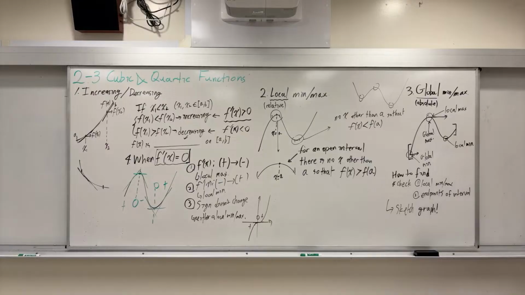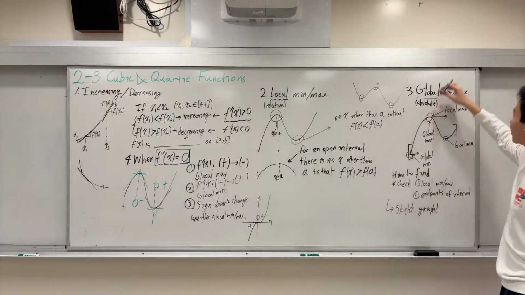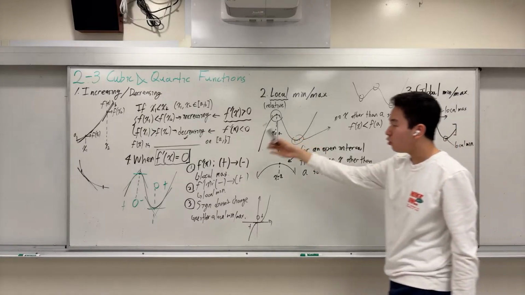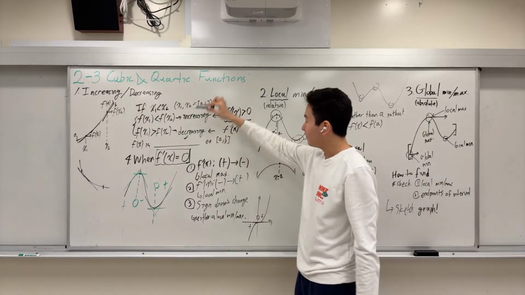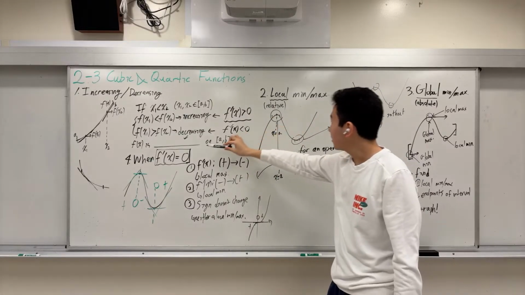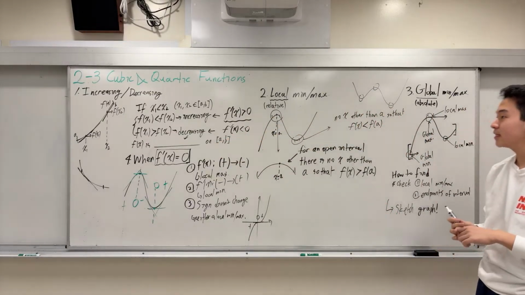All right, so we did increasing and decreasing functions, the definition of local maximums and minimums, the definition of global maximums and minimums, how to find the global maximums and minimums, and how to find the local maximums and minimums. And we've linked all that through the derivatives, setting them equal to 0, and seeing those particular x values.